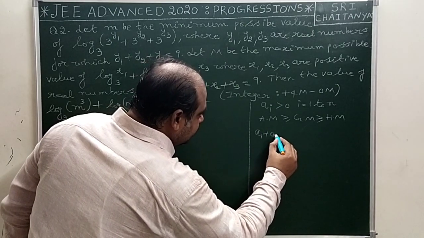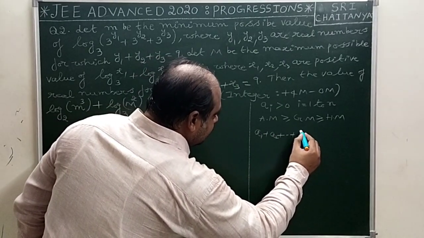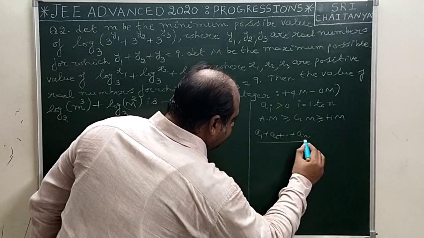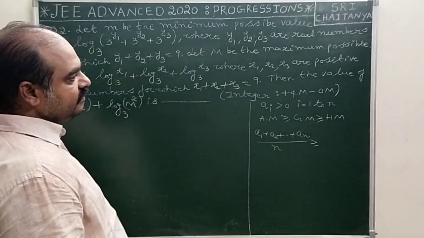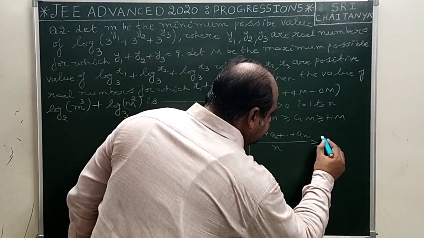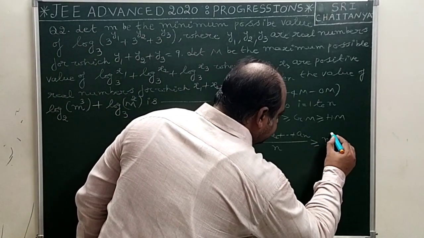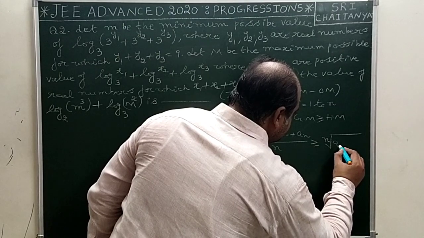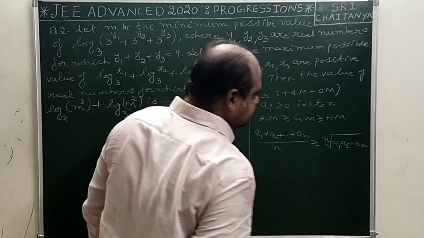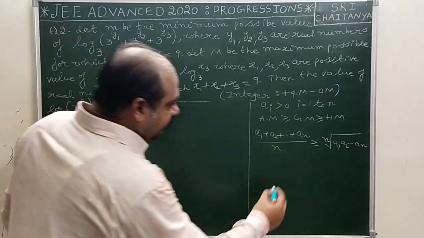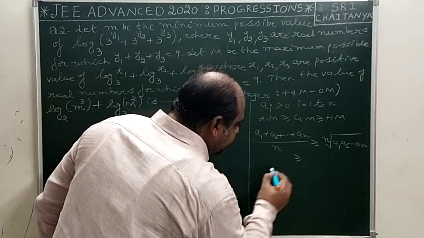AM is nothing but the sum of numbers divided by n, greater than or equal to GM, which is the nth root of the product of the positive numbers. GM is greater than or equal to HM.